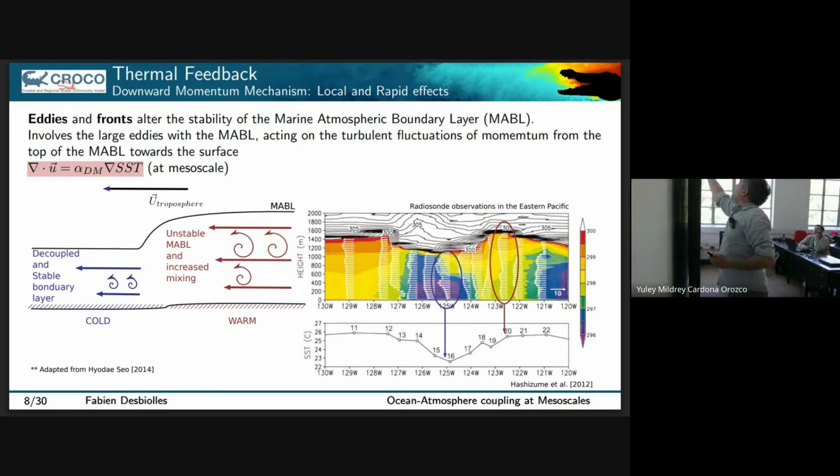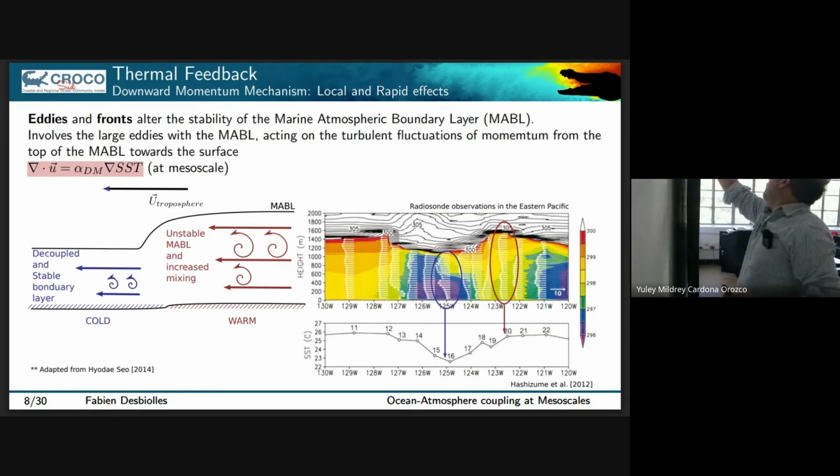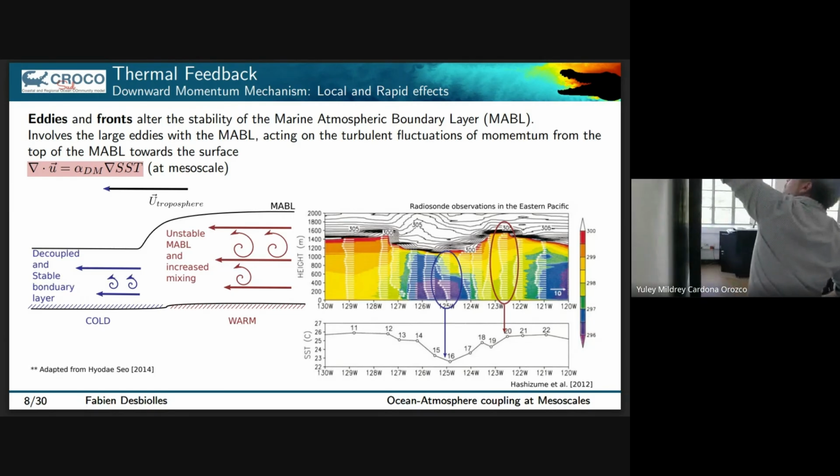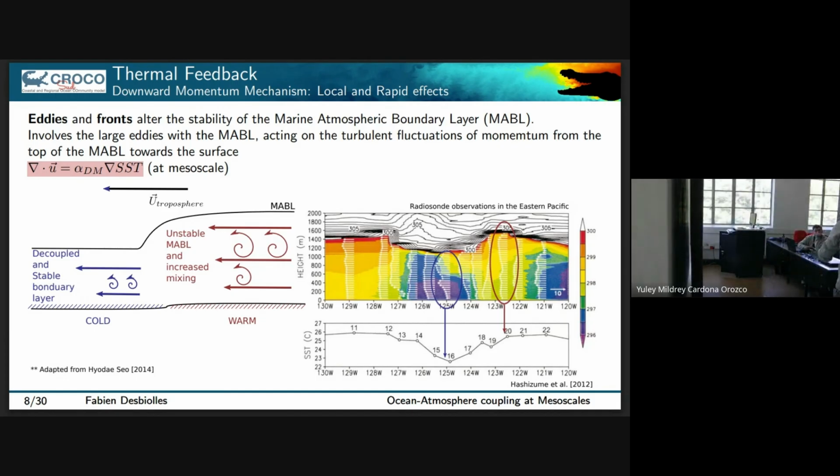If we go from warm to cold SST, here we have an unstable atmospheric boundary layer with an increased mixing. And here we actually stabilize the atmospheric boundary layer. That goes down, and there is less mixing. Okay, what does that imply?